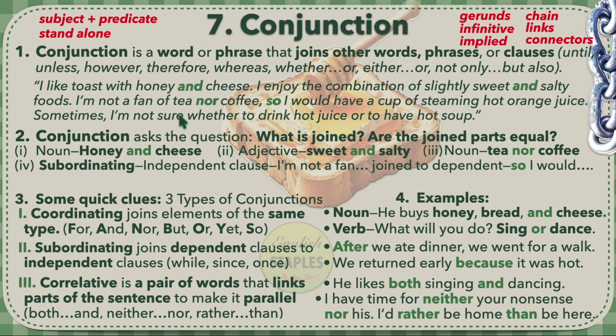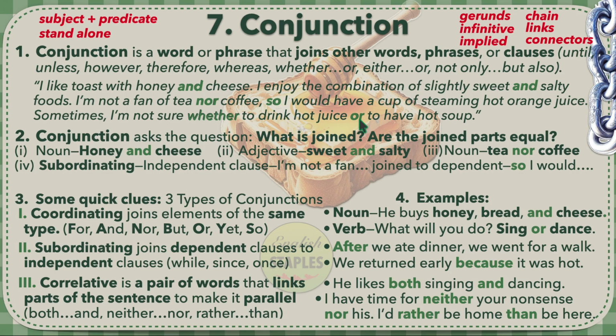And the combination is going to be based on what we have up here, whether or. We can go with this, whether or. Let's see if this is parallel. Well, we can see it has both words, whether or.